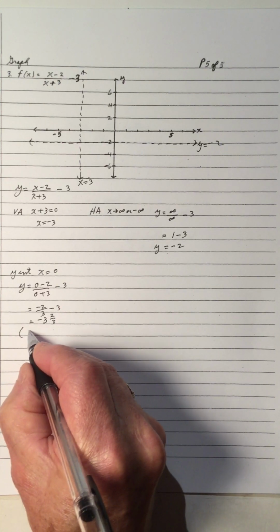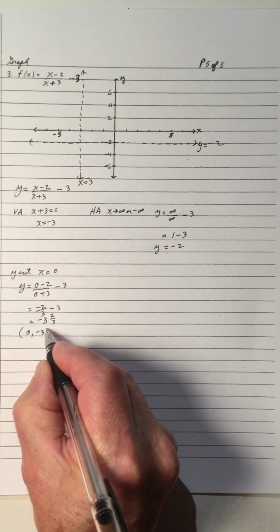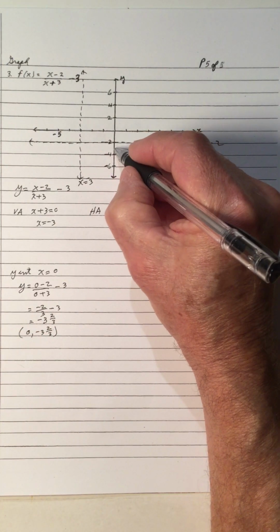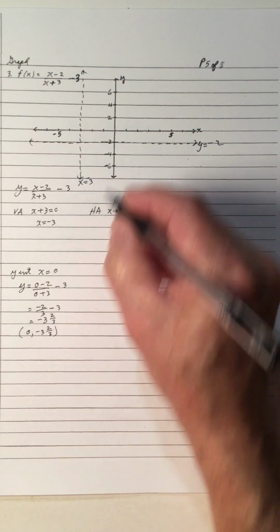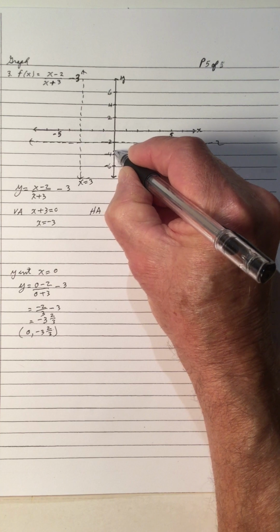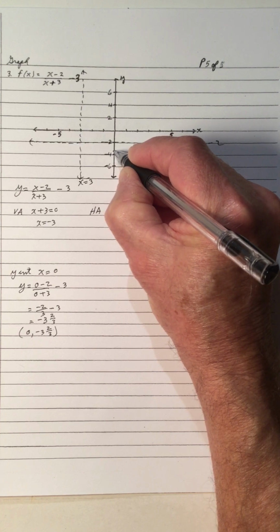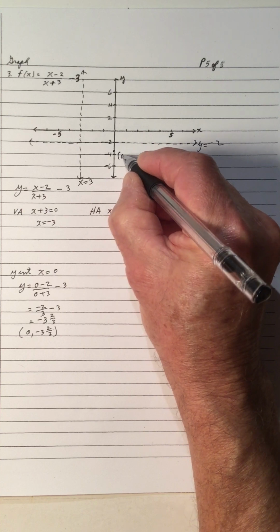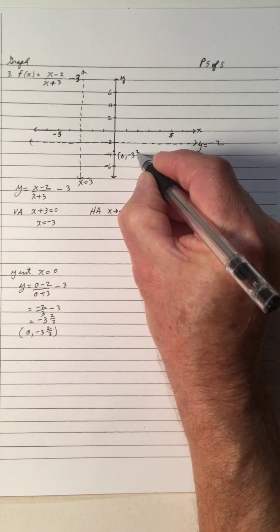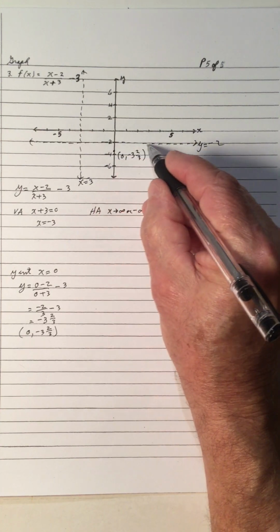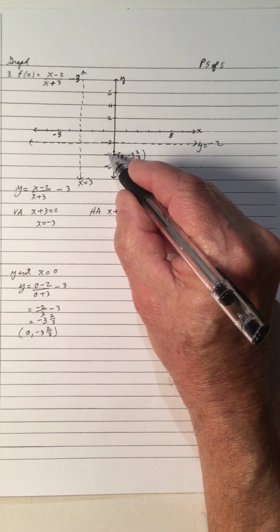So when x is 0, y is negative 3 2/3. So the y-intercept is negative 3 2/3. Let's take it roughly to be here. So that means it should be looking like this.